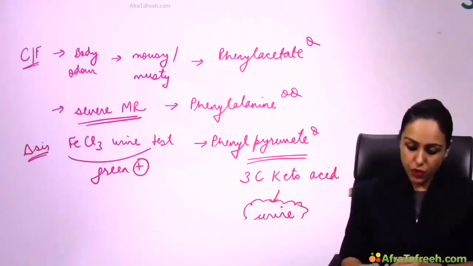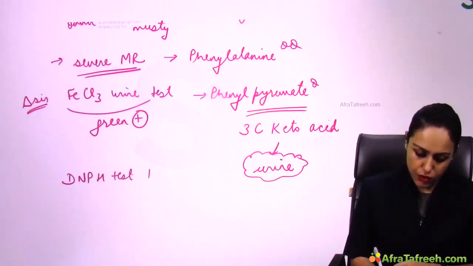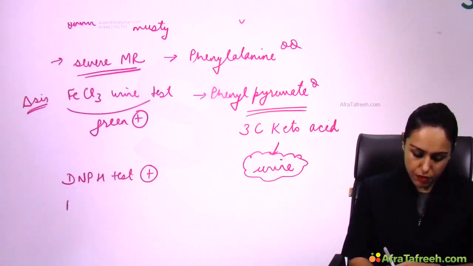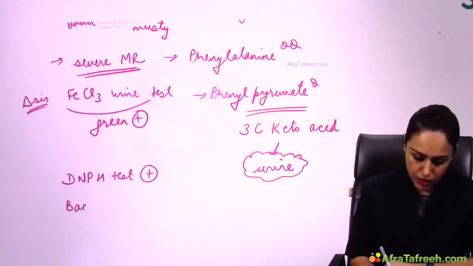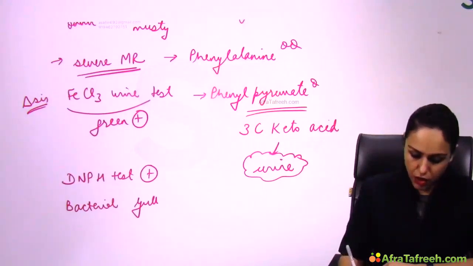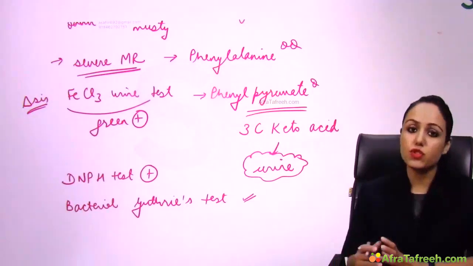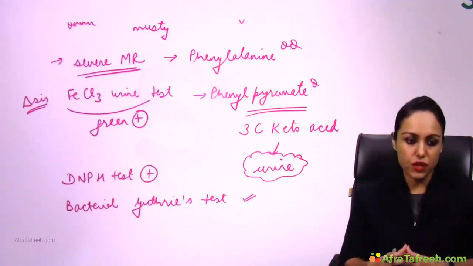Now, other tests which are positive in these patients: the DNPH test is also positive. Then the bacterial Guthrie test, also called the bacterial inhibition test, is positive in these patients, and the bacteria used is Bacillus subtilis.